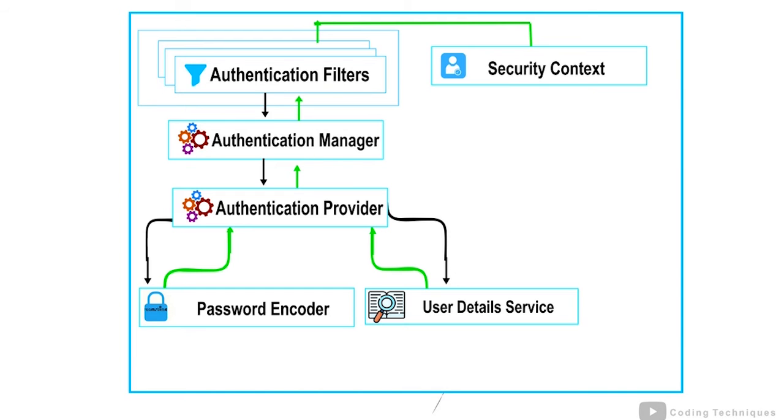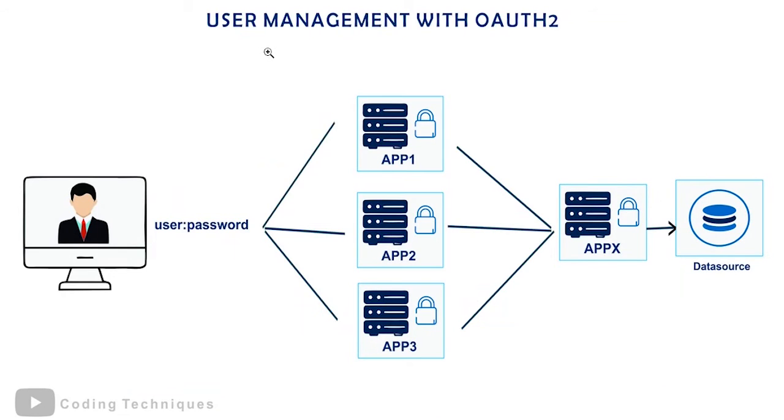And then for the OAuth2, here is what we have. This is the user management with OAuth2 example. The user will access each of the apps that he is using if authorized with the authorization server. Here we have app X as the authorization server, and here is the list of apps, app 1, app 2, app 3, with the same user and password.